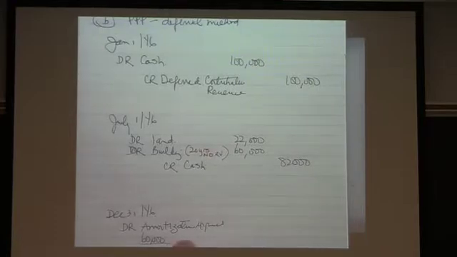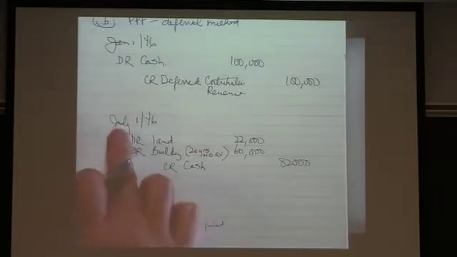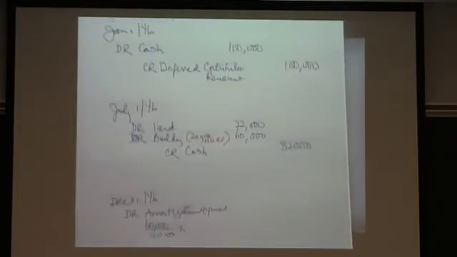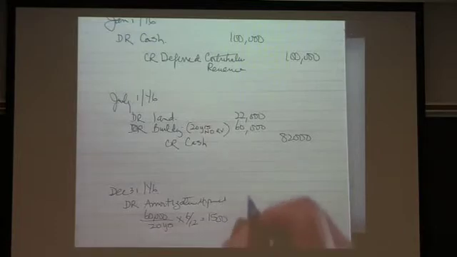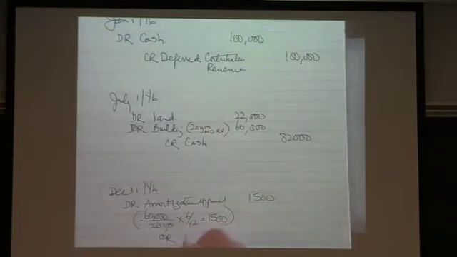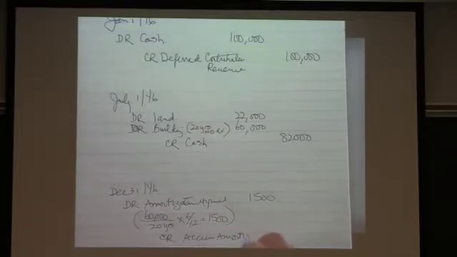It's 20 years. Now, remember, we bought it on July, so it's only for 6 months, right? 6 over 12 gives me 1,500. So debit 1,500, credit accumulated amortization.